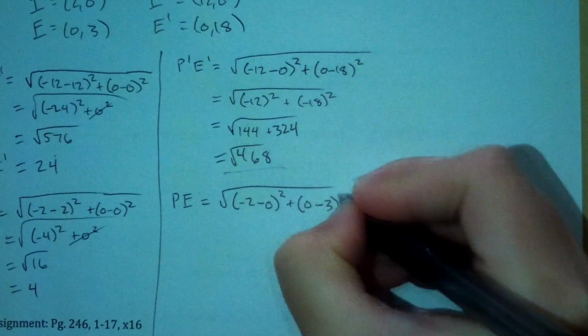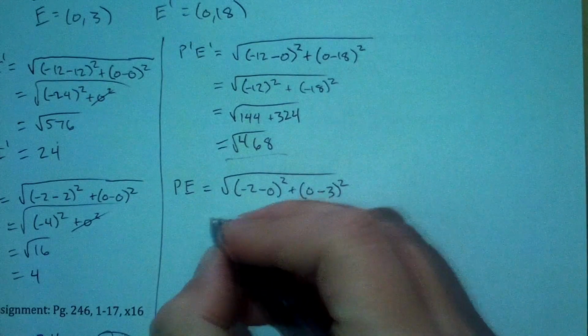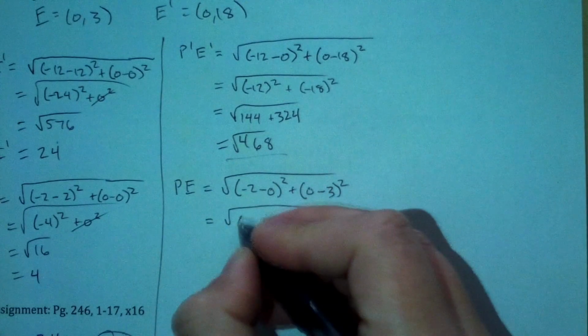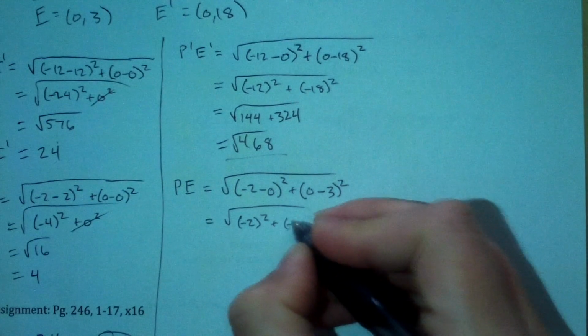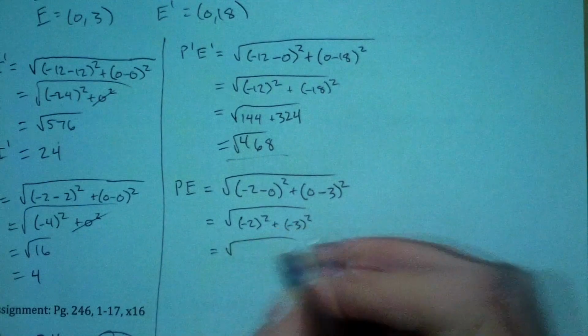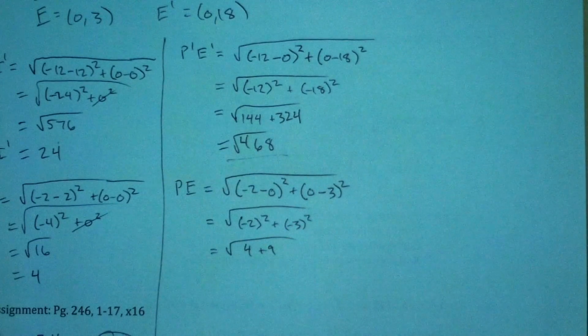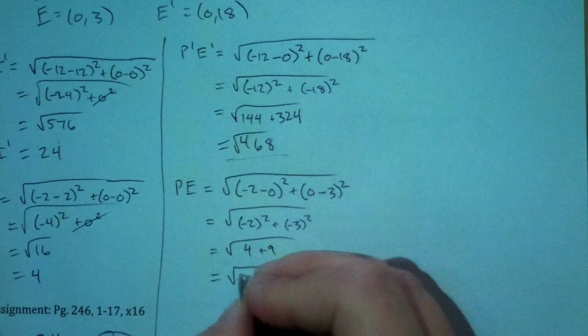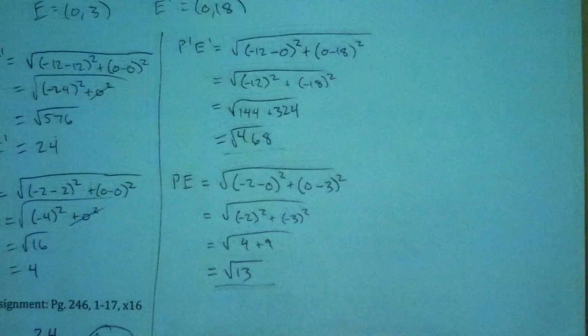And then we'll go I to E, which is square root of 2 minus 0 squared plus 0 minus 3 squared. Again, we should have similar results here: 2 squared plus -3 squared, so square root of 4 plus 9, square root of 13 again.